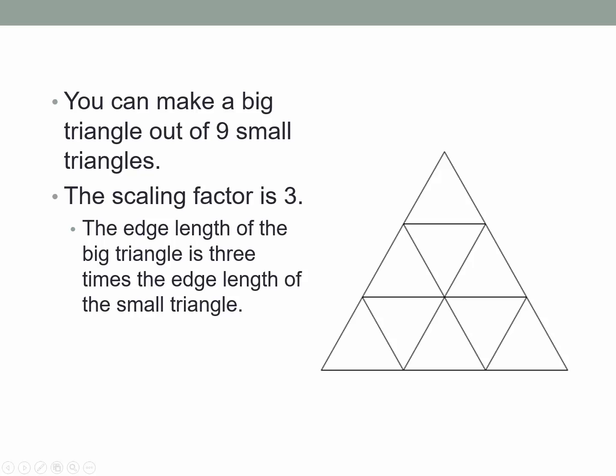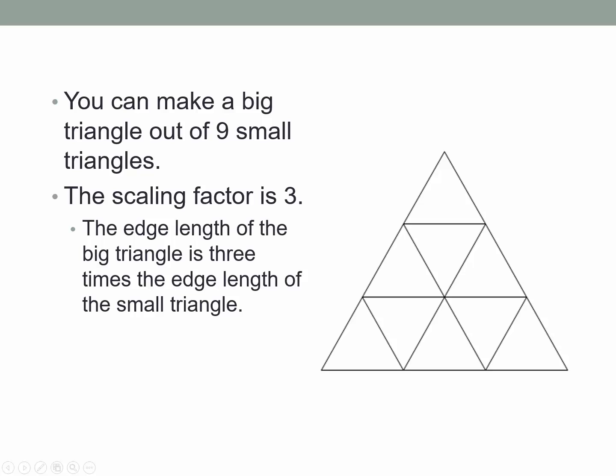And I use 9 pieces to do that. However, I don't get a triangle which I would say is 9 times as big. In terms of the edge length, it's something that's 3 times as big, and you can just see that. If you look along any edge here, you'll see in the big triangle 3 of the edges of small triangles put together. So the scaling factor is 3. And yet it's taken 9 of these pieces.